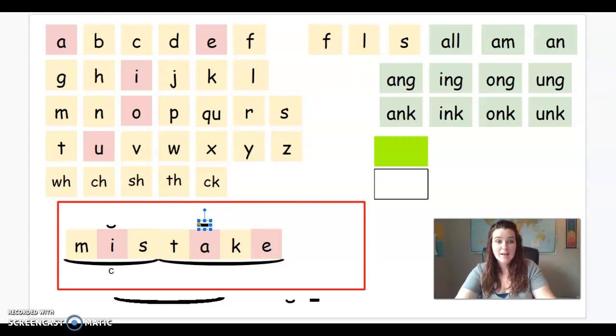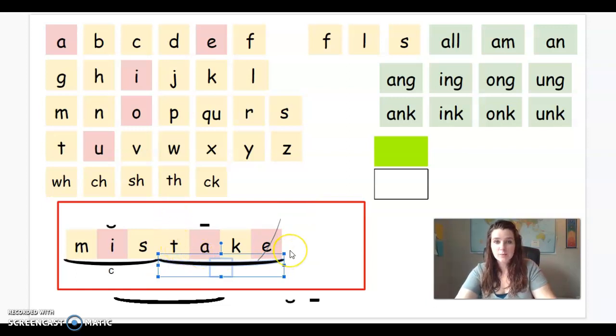We cross it out. Let me get my writing tool up here. We cross our E out because it is a silent E now. It doesn't say anything. So this syllable is not a closed syllable.